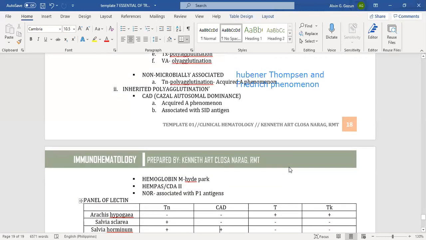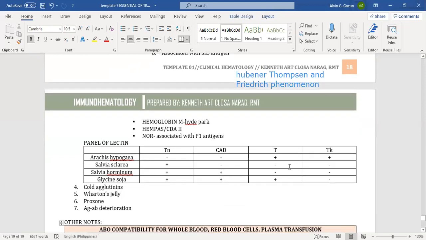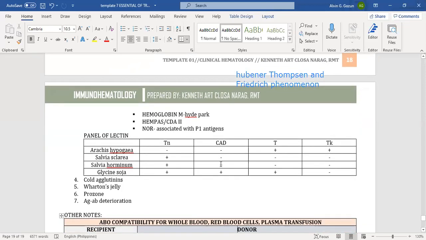Inherited naman na polyagglutination are CAD or Cad, hemoglobin M Hyde Park, HEMPAS, CD82, not associated with P1 antigens. And here are the different reactions of your polyagglutination.